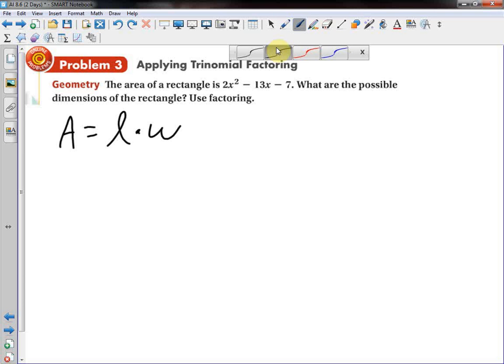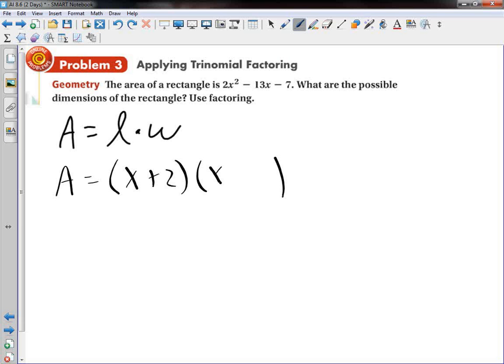And since we're dealing with polynomials, a length times a width isn't going to be something as simple as 3 times 7. In this case, area is going to be equal to two binomials times each other. So it might look something like x plus 2 times x minus 1. That would be an example of area using polynomials. So now that we've seen an example, we know what we need to get to.